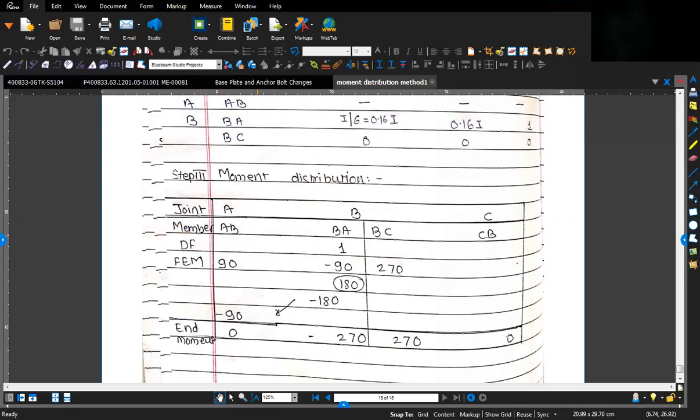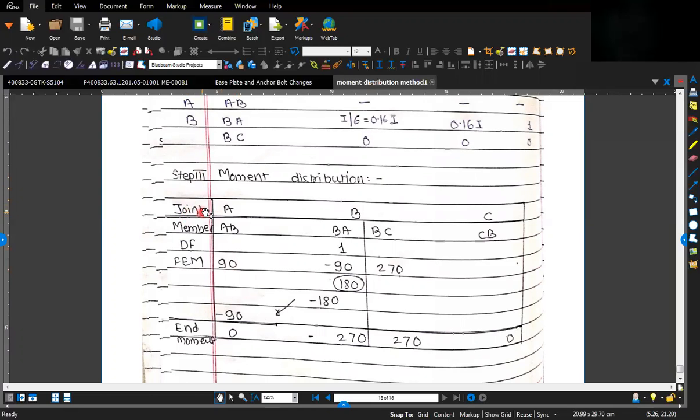We'll prepare one table, and just keep this table as simple as it should be. Don't insert so many values or so many remarks in this table, because in the exam we do not have such time to write all the details. This table gives you a short and accurate way of finding the end moments.